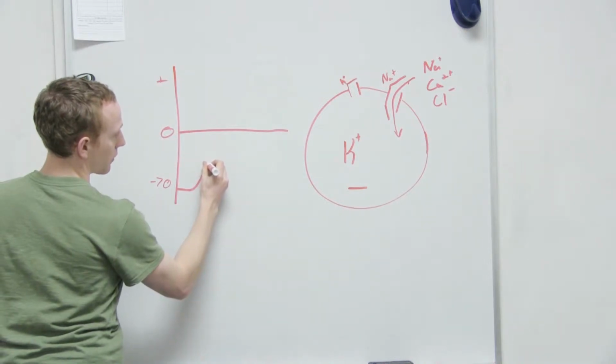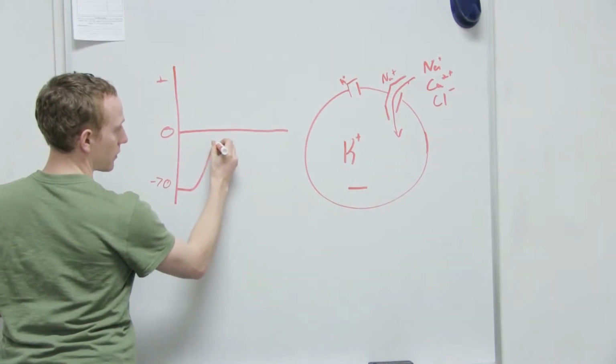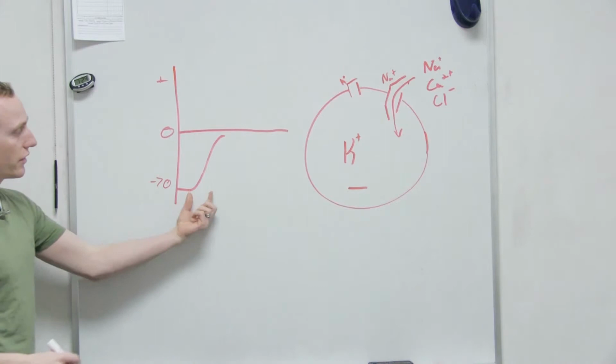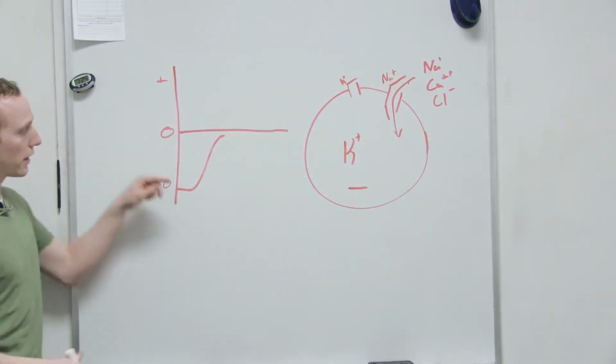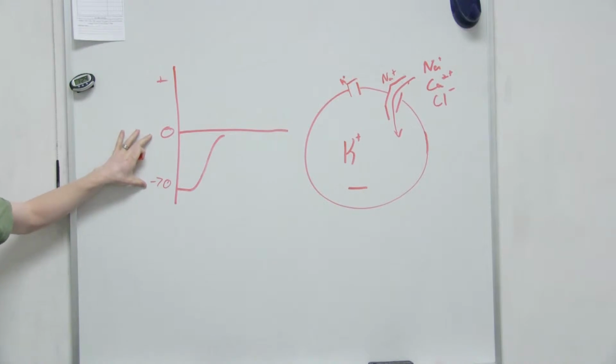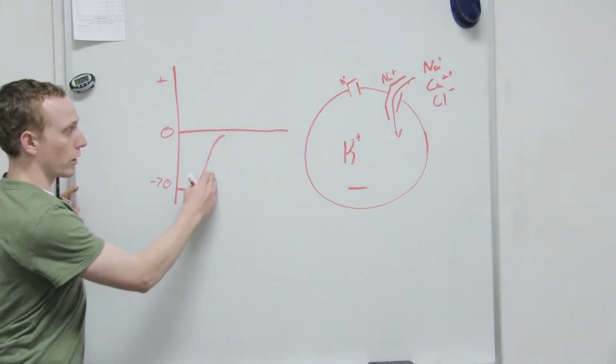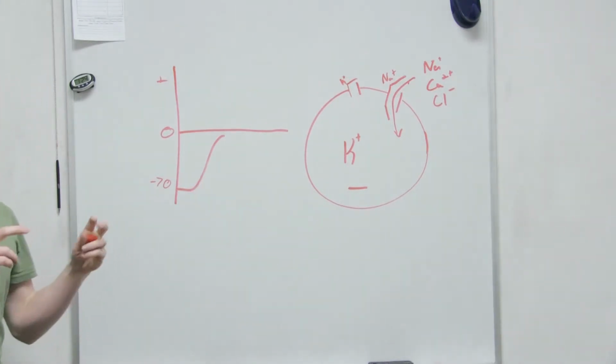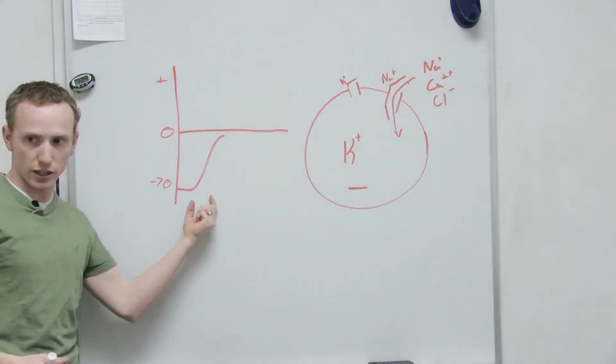Okay? This is called depolarization because right now there's a difference, or a polarization, between the cell and the outside. So it is depolarized. That rising phase is called depolarization.